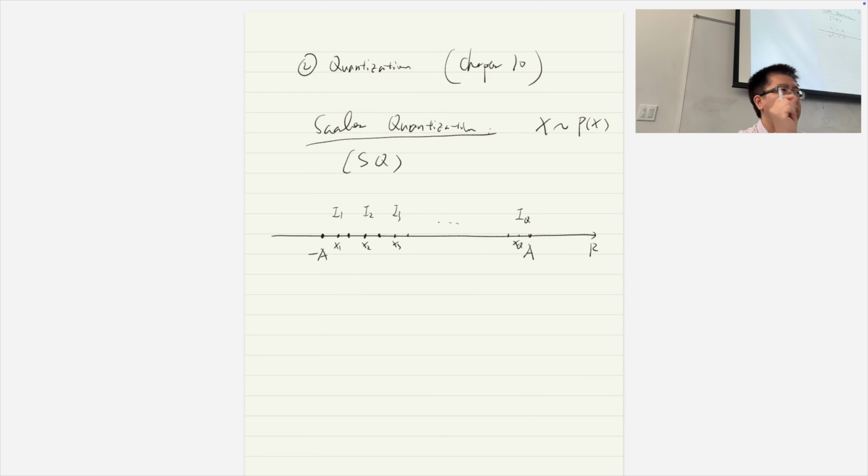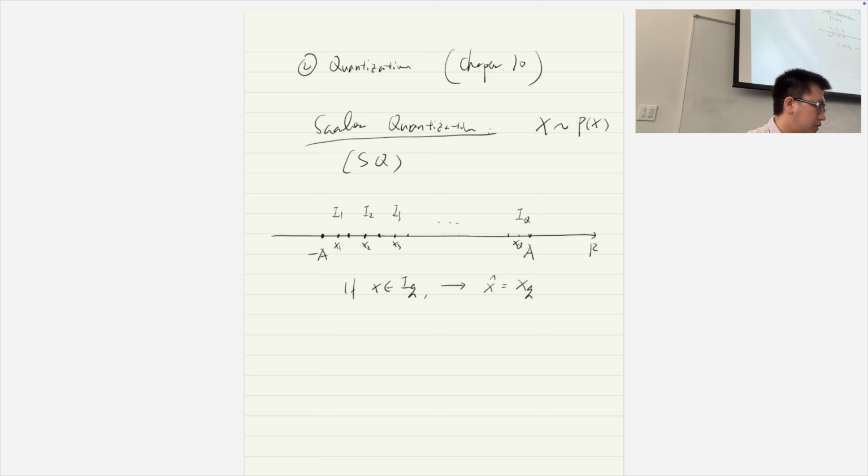But the location of this number has to be picked according to some criteria. This basically means that if x is in interval Iq, then we let the estimate of x, or quantized value of x, equal xq. This is basically quantization, the same as what you have seen before. Any questions so far?